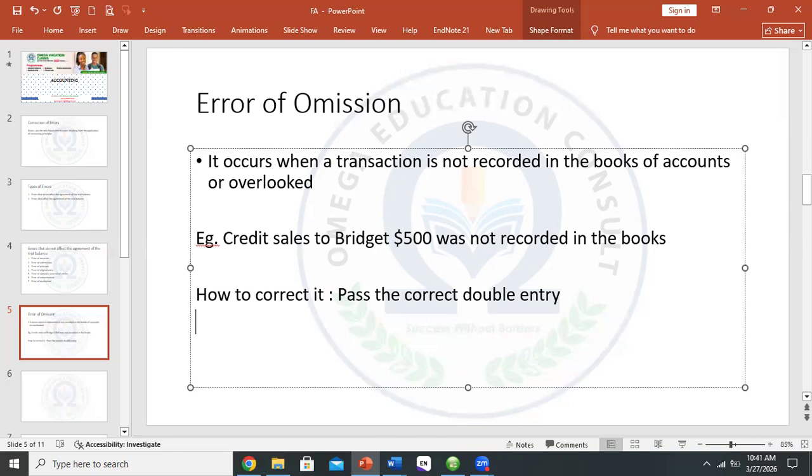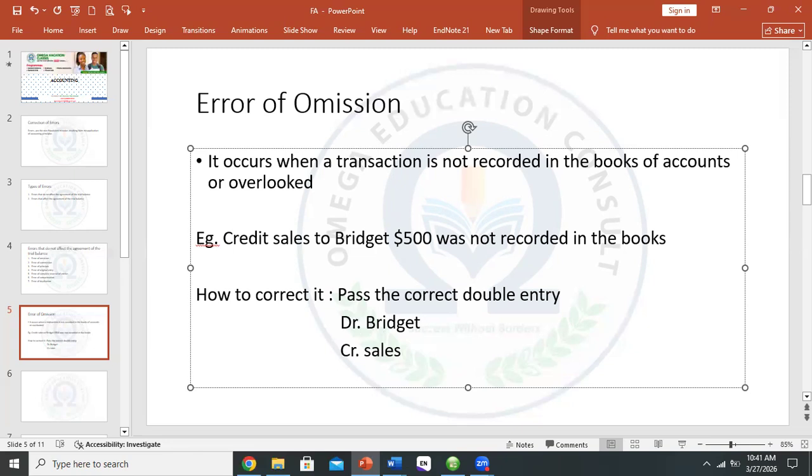So Prof. Kujo, I'm correcting the error you just committed, under the error of omission. So you debit Bridget, right? And then we credit sales. So this will be the right double entry to correct this error.